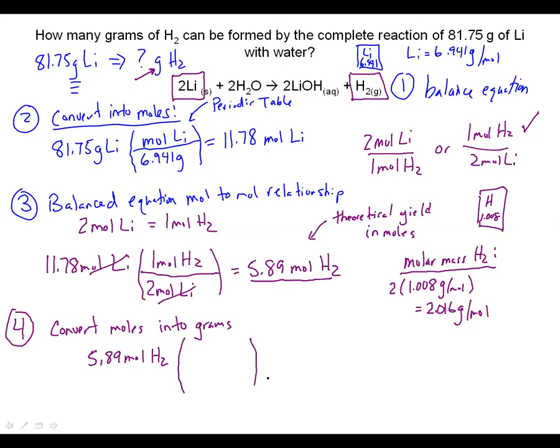Again, we're going to use this as a conversion factor to get rid of our moles. In this case, we want the moles on the bottom. So 2.016 grams of H2 per mole of H2. The moles will cancel each other out. If we multiply that by 5.89, we will get 11.9 grams of H2.